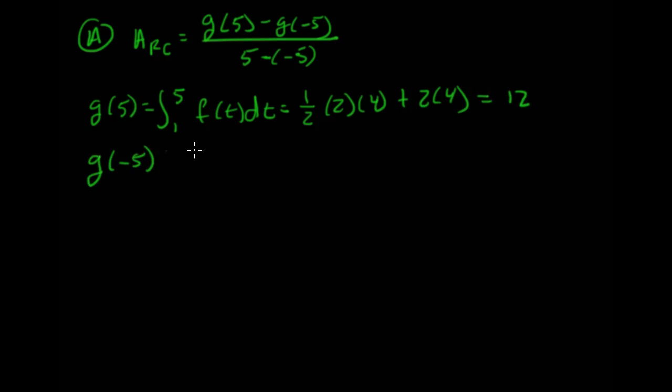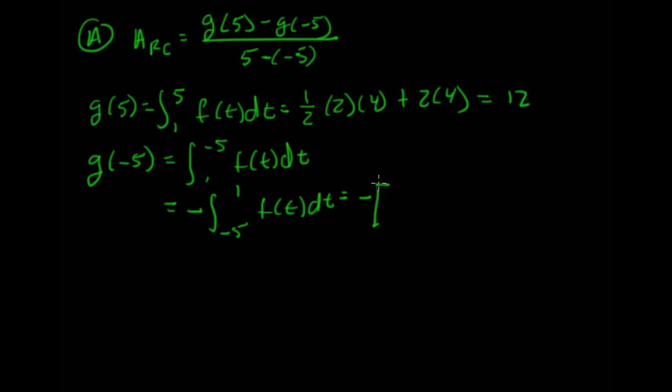G of -5 is the integral from 1 to -5 of f of t dt, which is the same as negative integral from -5 to 1 of f of t dt, which is going to be negative.